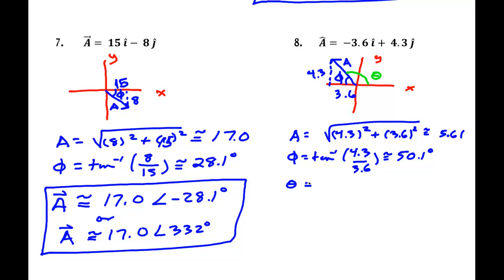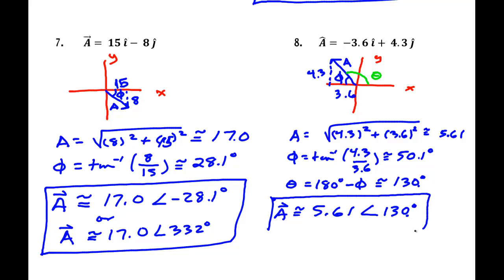So theta is 180 degrees minus phi, which is approximately 130 degrees, at least to 3 significant figures. And then we put all that together: 5.61 at an angle of 130 degrees. That finishes problem number 8.